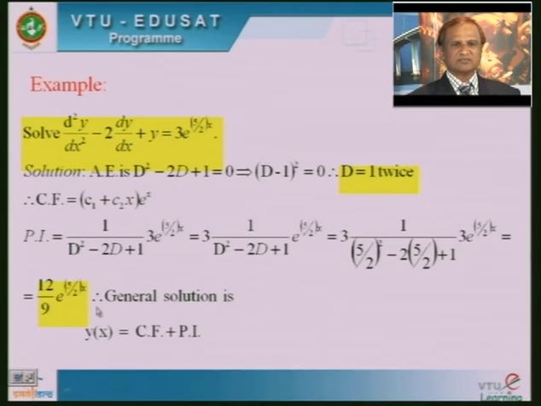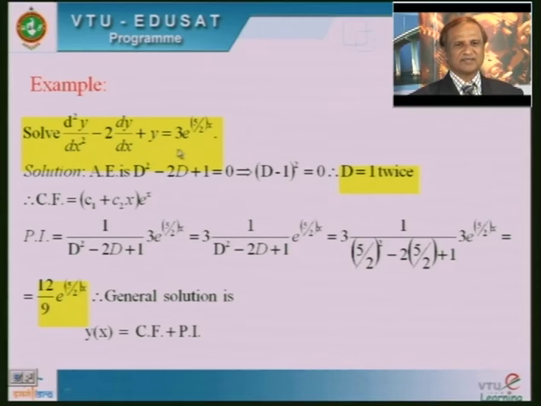Hence, by the superposition principle, we can write the general solution. y(x) is equal to the complementary function plus the particular integral, combining these two solutions. y(x) is equal to (C1 + C2 x) e^x plus 12/9 e^(5/2 x), which is the solution of the given differential equation.